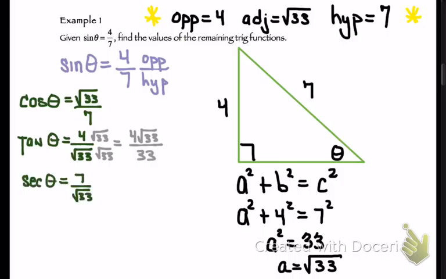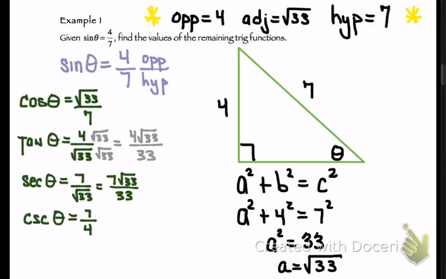Secant. Okay, I know that secant is the inverse of the cosine. So if cosine is root 33 over 7, I know secant is just the reciprocal, which is 7 over root 33, and again, I have to rationalize that denominator. Cosecant, I know, is the inverse of the sine.